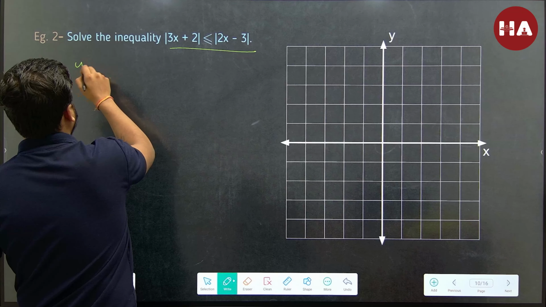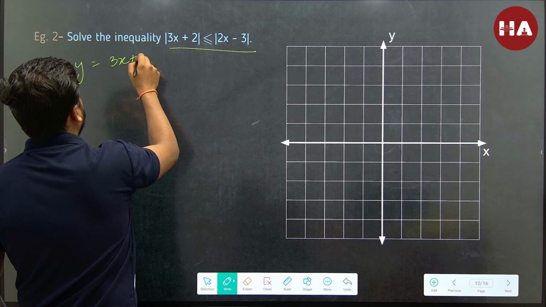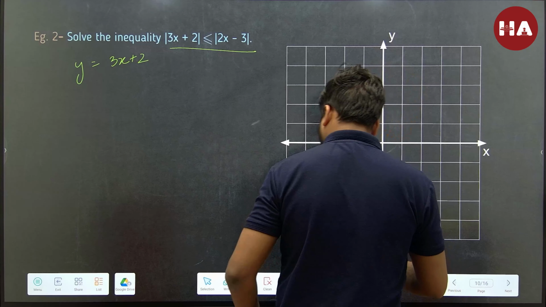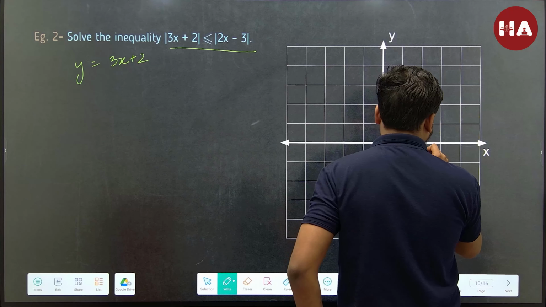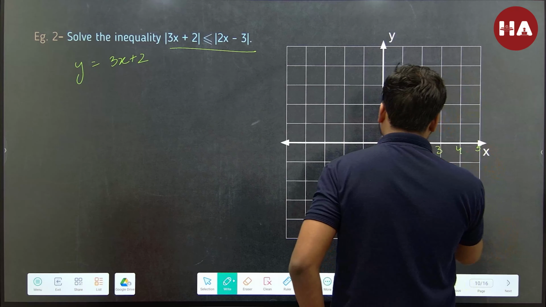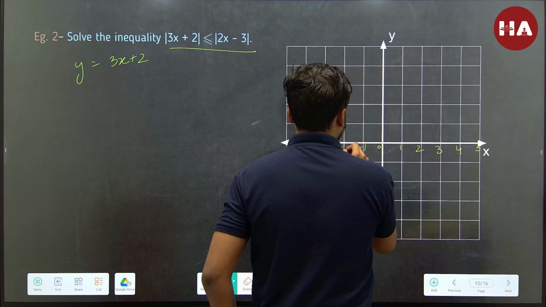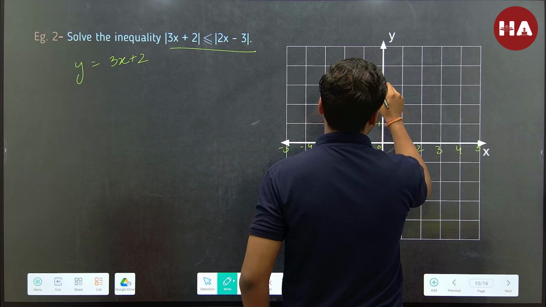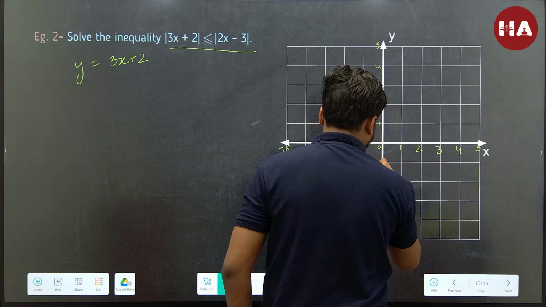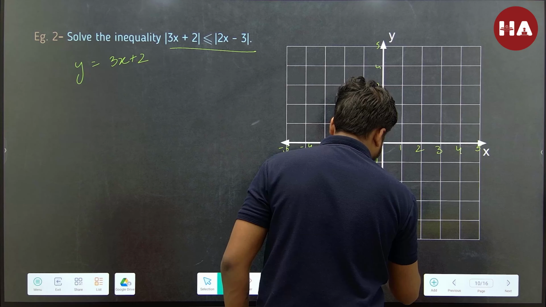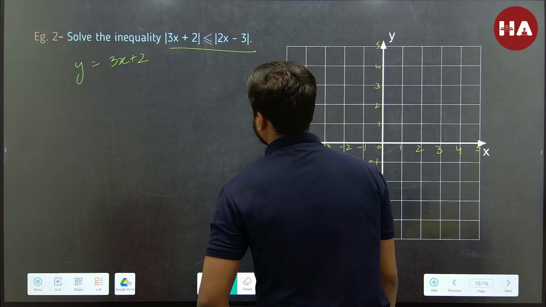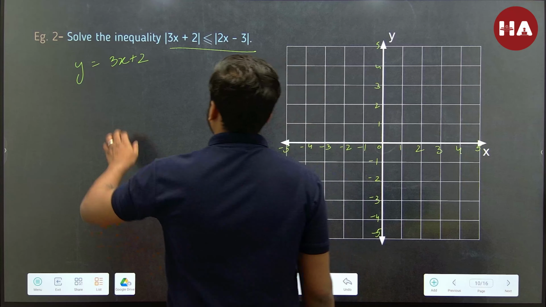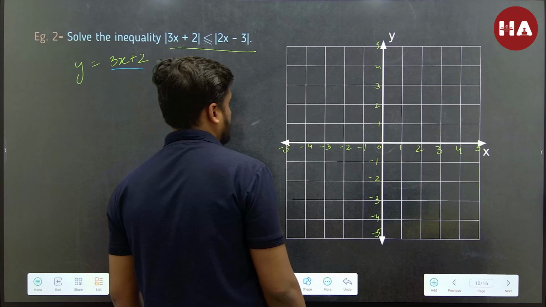That is, first let's draw the graph of 3x plus 2. So before that, let's write the numbers 1, 2, 3, 4, 5, 0, minus 1, minus 2, minus 3, minus 4, minus 5, and the exact same way this one also.